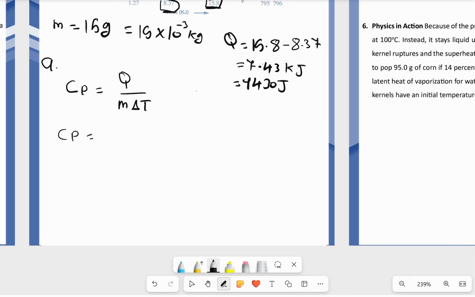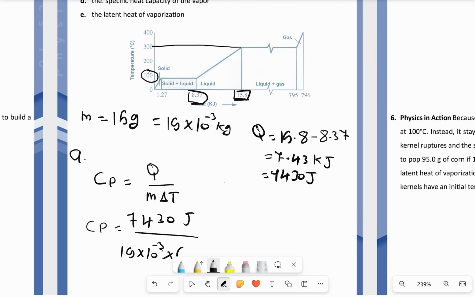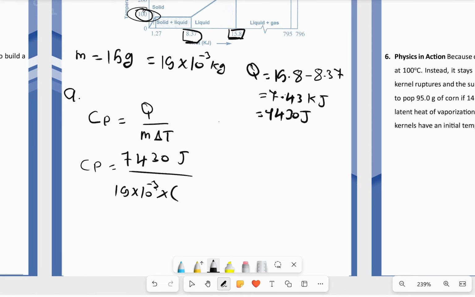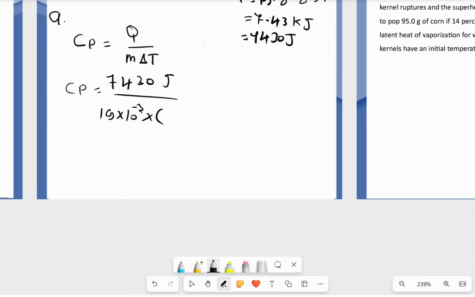Now let's just plug in the numbers that we have. CP is going to be 7,430 joules divided by mass, which is 15 times 10 to the power of minus 3, times delta T, which is going to be 300 subtracted by 100.